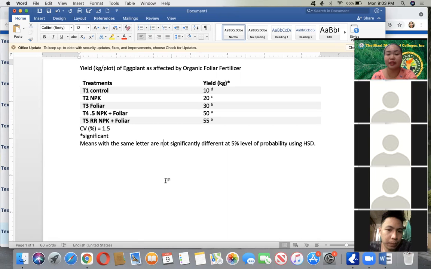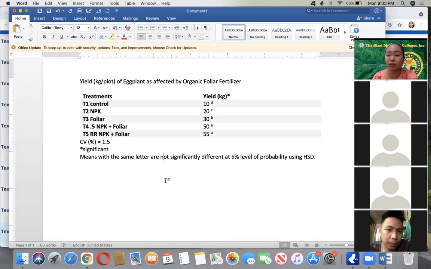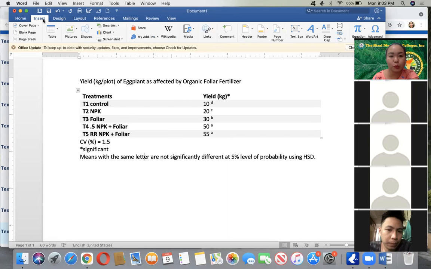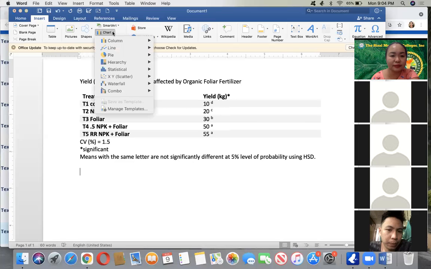And then let's say you choose, it cannot be both, in your presentation you just choose whether you select a table or a figure. Now if you are going to select a figure, you just do insert again. Insert a chart. You always do insert and then chart. You can do it directly in Word or in Excel.